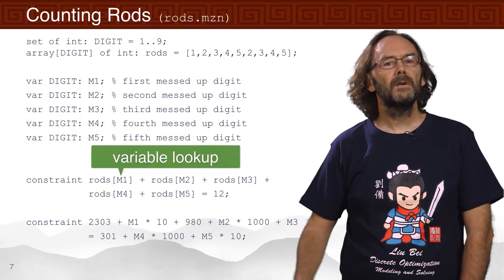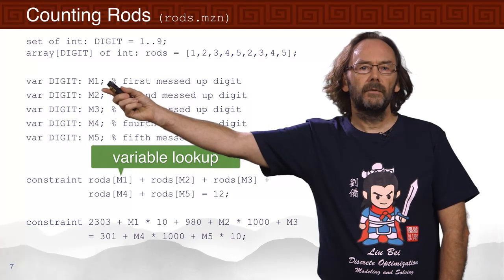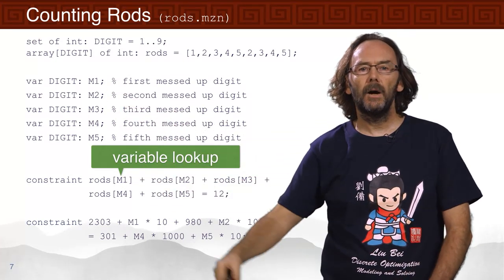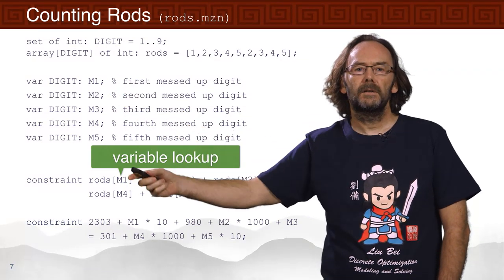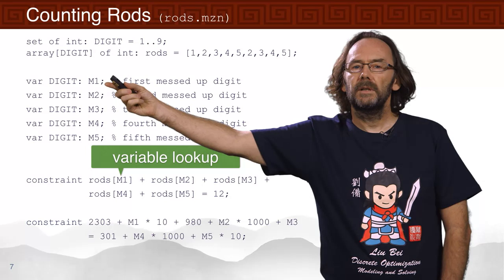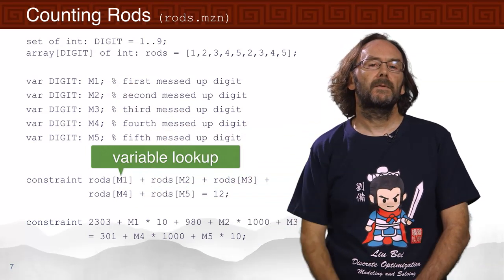But one thing we should note here is we are looking up using a decision variable into an array. This is a very powerful modeling ability of things like MiniZinc. We can use a variable here. We're going to look up using the digits here, which is a decision, how many rods it takes for that decision.